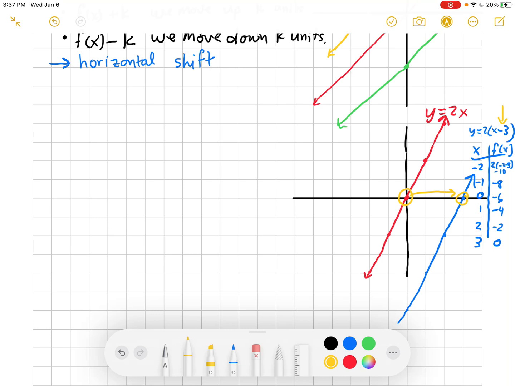You have to move it in such a way so that the value you plug in for x will be where it crosses the x-axis, or the x-intercept. And so it's kind of backwards from how you think it would be.